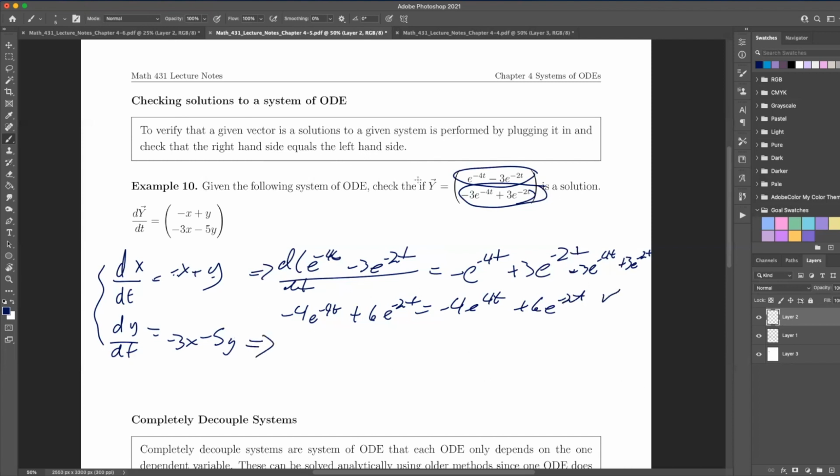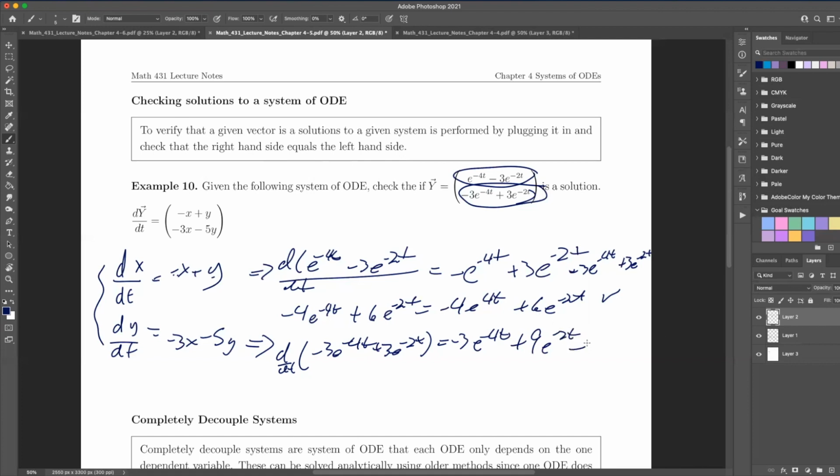So here we're going to do this with respect to y. dy dt, which is minus 3e to the minus 4t plus 3e to the minus 2t, equals minus 3 times x, which would be e to the minus 4t plus 9e to the minus 2t.